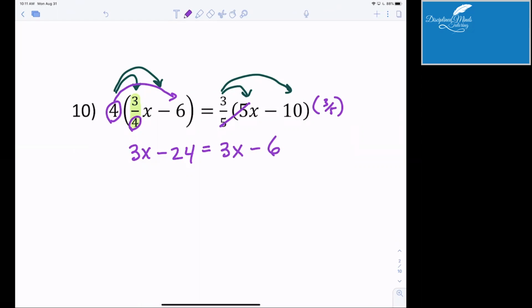So again, what? Not possible. 3x minus 24 cannot equal 3x minus 6. So again, question number 10 was no solution. Everybody okay with that?